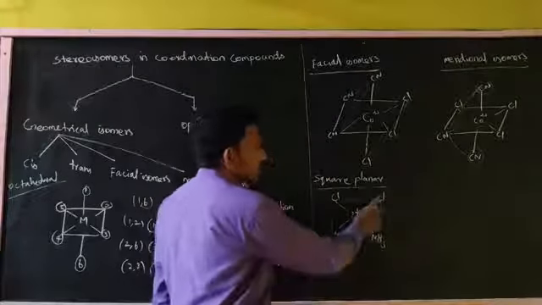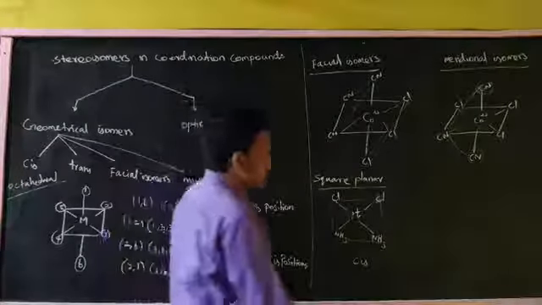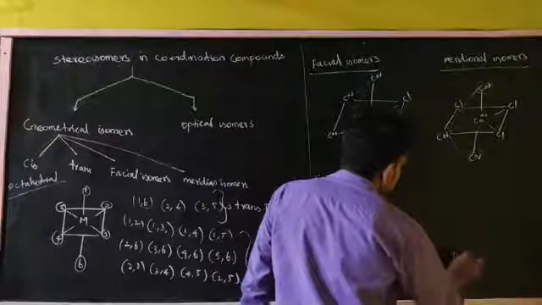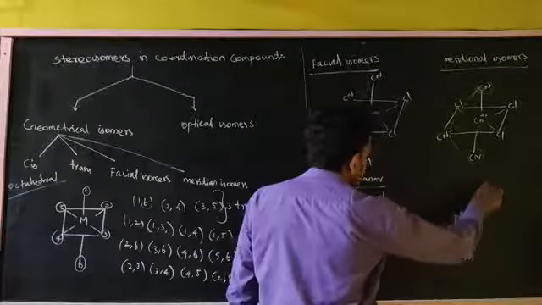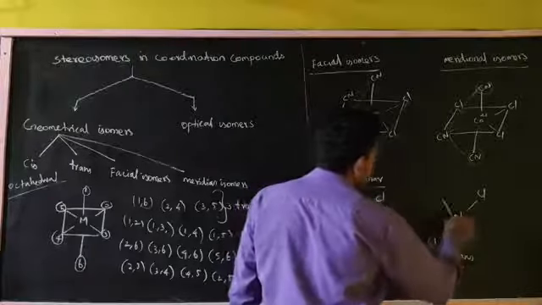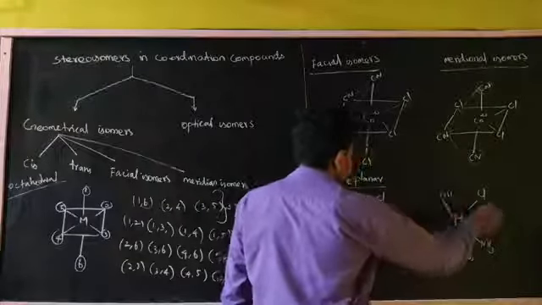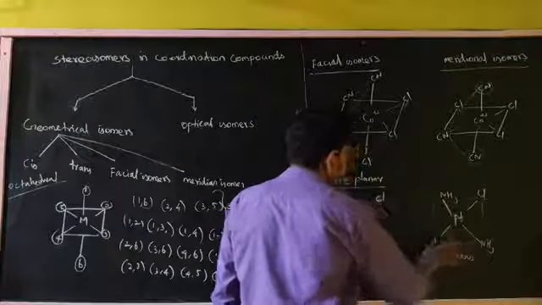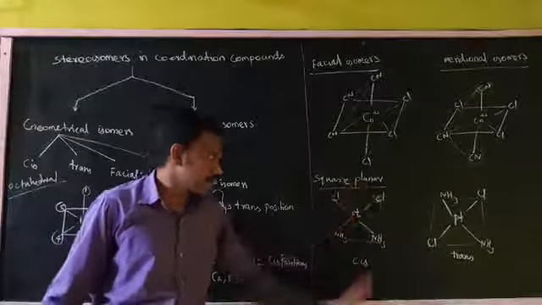The similar groups lie on the same side, so cis isomer. Now the trans isomer will be platinum, where the similar groups lie on the opposite side, trans isomer, right? This is called square planar complexes.